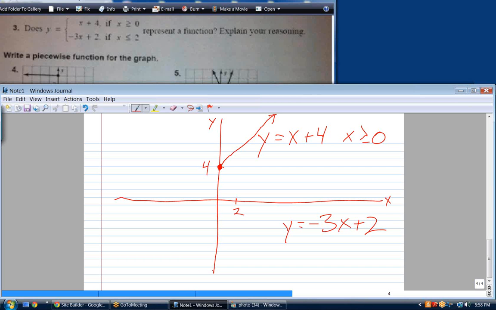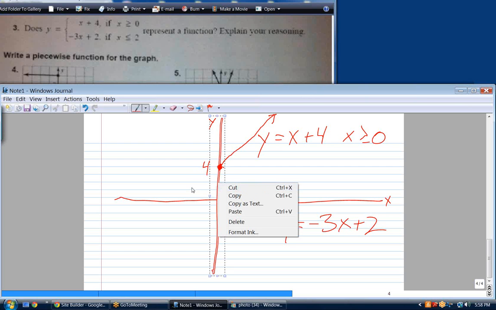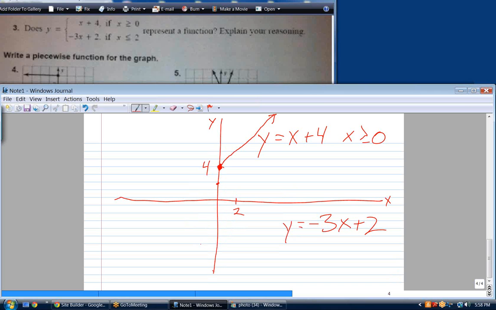The y-intercept is positive 2. Okay, so I'm going to put a dot there. And the slope is negative 3. Negative 3 is a steep slope, and it's negative.